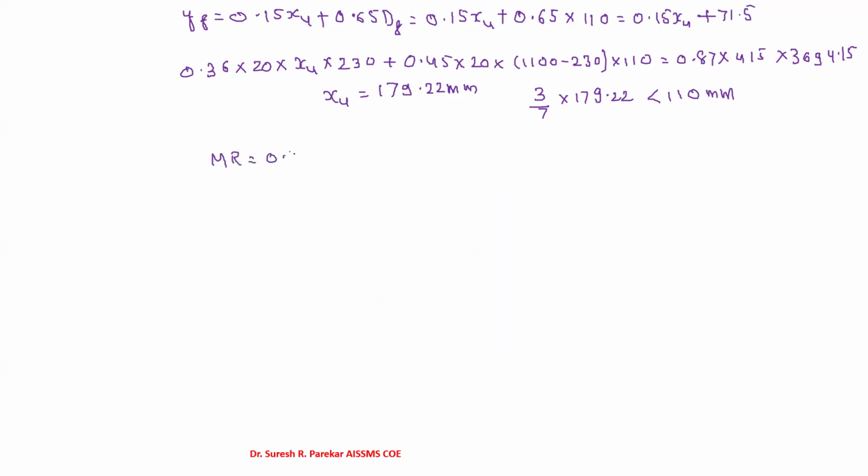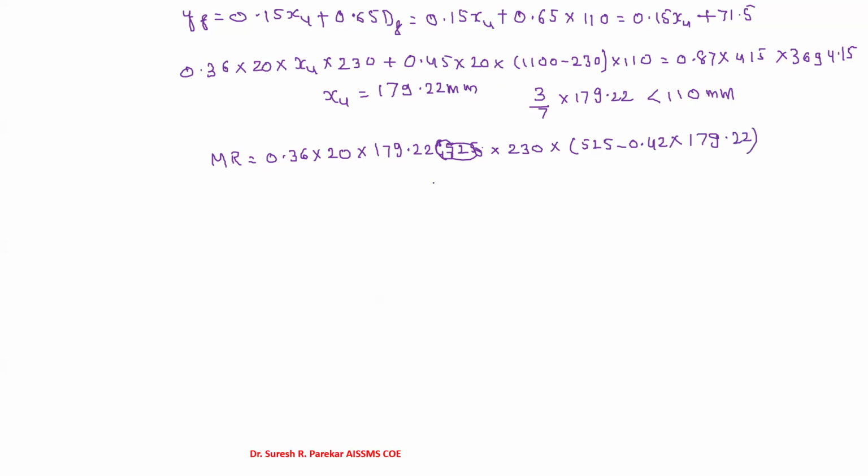Now again directly I will write 0.36 fck Xu, Xu is 179.22. In bracket we have 525, d, 0.36 fck Xu. So that b remains, that also we have to write. So b we have 230 into d 525 minus 0.42 Xu, Xu is 179.22.